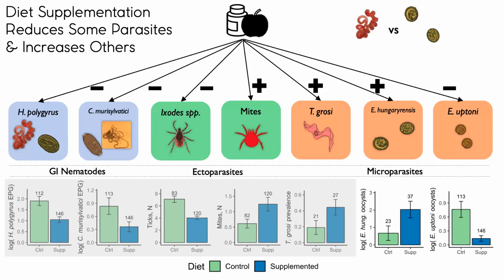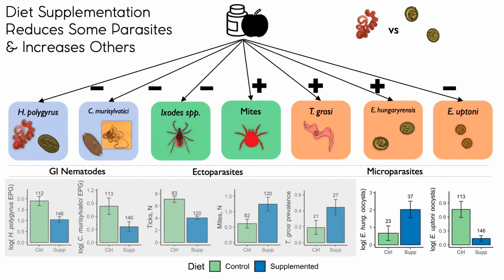So what this suggests to us is that the effect of nutrition on H. polygyrus lowers the H. polygyrus and then allows the competitive space to open up for Eimeria to proliferate. This hypothesis is strengthened by the fact that this final parasite, Eimeria uptoni, is another species very similar to Eimeria hungariensis, with the exception that it doesn't share space in the gut with H. polygyrus.